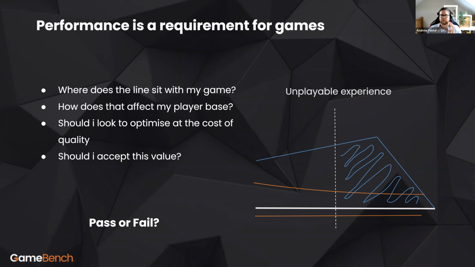And should you then make a decision to sacrifice quality of the game in order to access more devices, or whether that decision to reduce the quality goes against the selling point of the game? So what we're trying to do here is define a pass-fail point that we can now start to work with on a repeat basis.